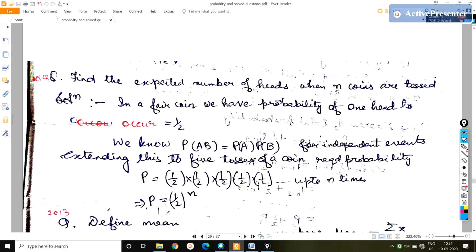So if you take a fair coin, definitely the probability of getting head is 1 by 2, and you know the probability of simultaneous occurrence of two events is P of AB equal to P of A and P of B for independent events.